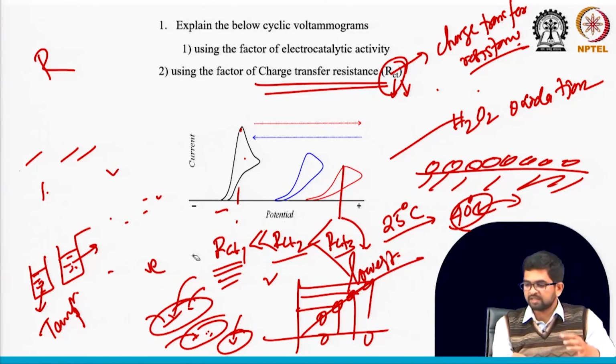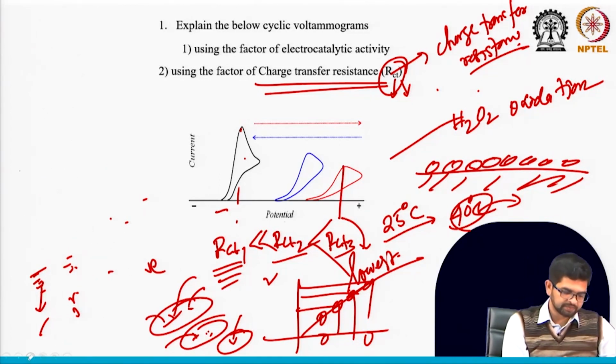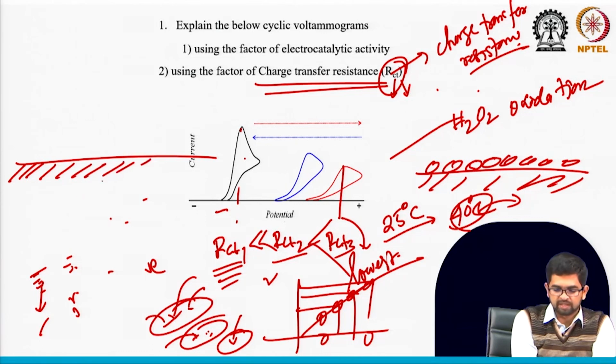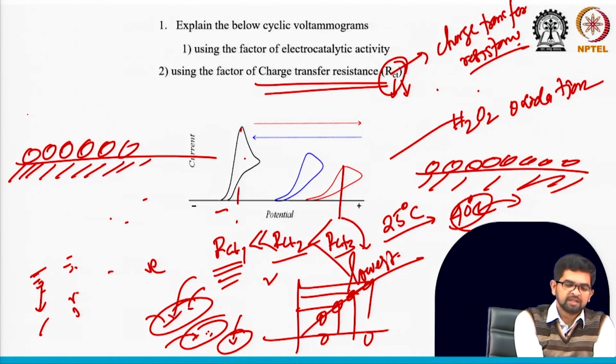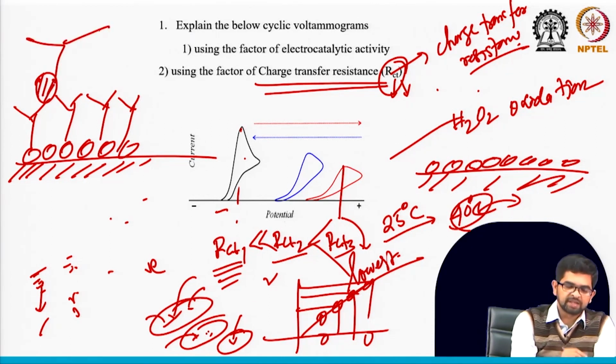So why does this happen? You can also explain it like this. Suppose you have this sensor surface and you have some nanoparticle-coated sensor, and you have the antibody coated, and then you have the antigen and then maybe a secondary antibody.